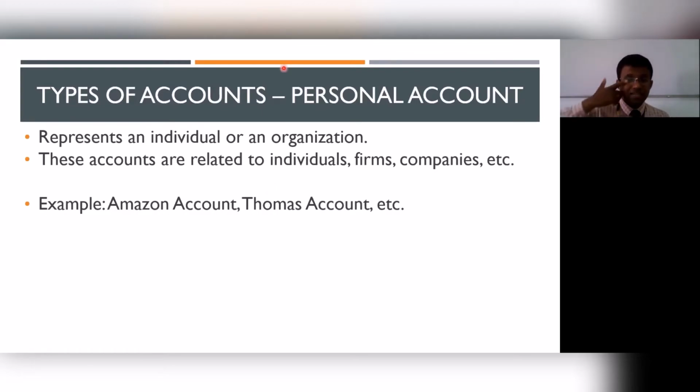Since it's representing Kristu Jayanti, it is a personal account. Okay? So whenever the account represents a person or an organization or a company, it is said to be personal in nature. Whenever the account represents an individual or an organization, it is referred to be personal in nature.